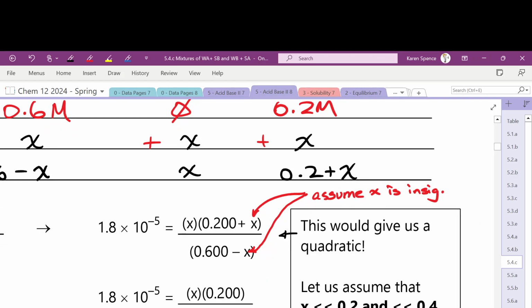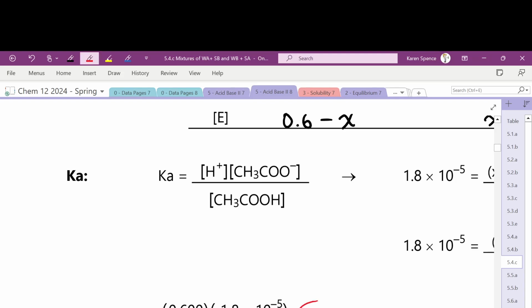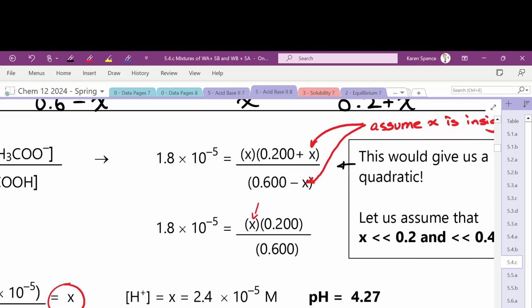Now you're just solving for X. So you grind through the algebra, solve for X. So X is equal to 2.4 times 10 to the minus 5 molar. You can figure out the pH doing your math, and that's it. And you'll notice it is acidic, and that's because we have excess acid, right?